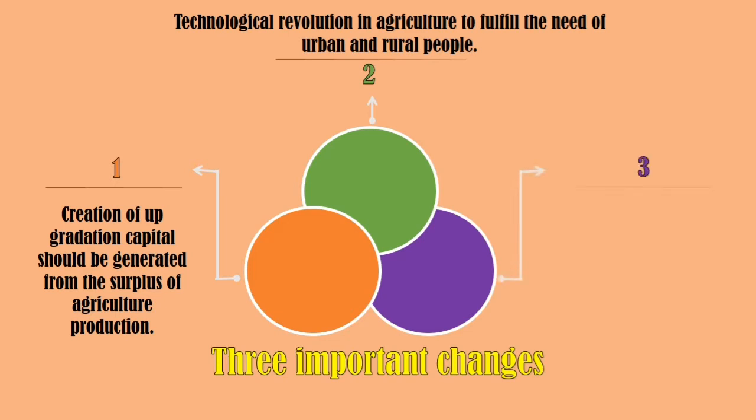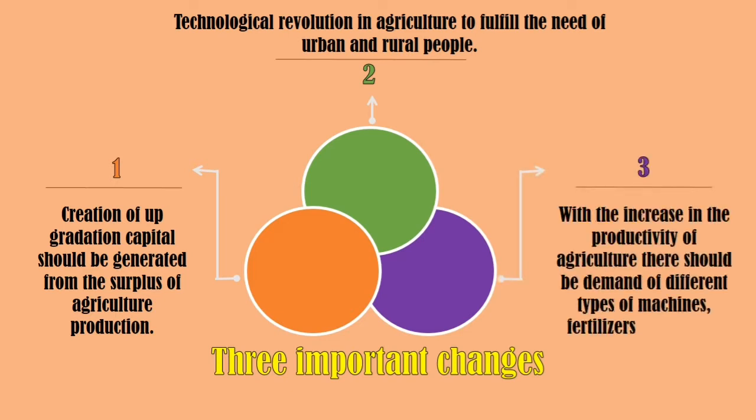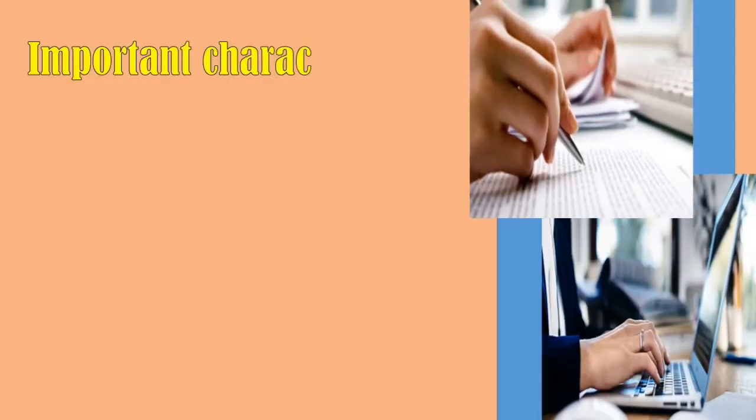And the third is that with the increase in the productivity of agriculture, there should be demand for different types of machines, fertilizers, and chemicals. As a result, export of natural resources, raw materials, exchange of capital goods, and machinery were introduced.